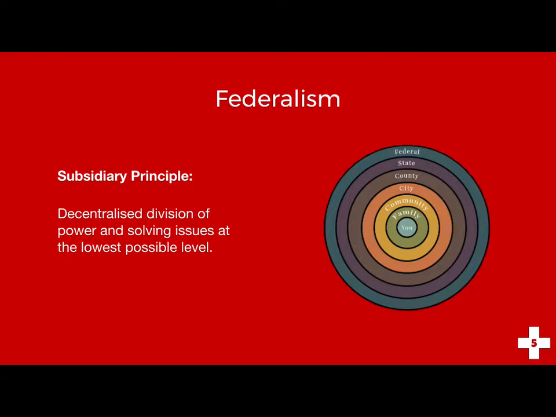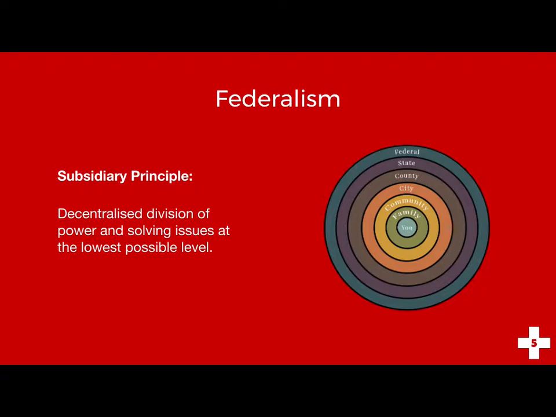And so the main principle that Switzerland follows when it comes to federalism, and this is outlined specifically in their constitution, is the subsidiary principle, which basically means that it's a decentralized division of power and solving issues at the lowest possible level.